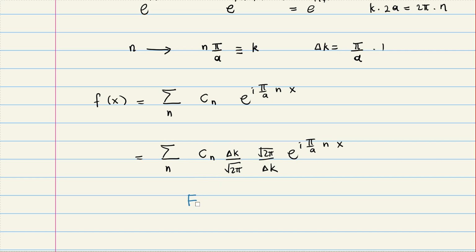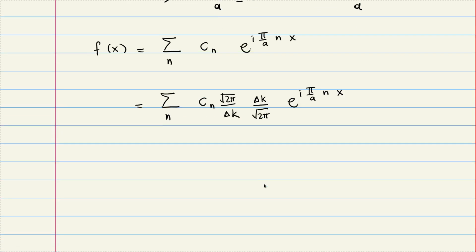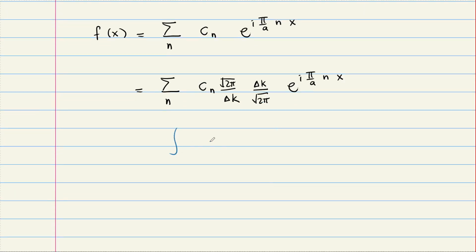So I multiplied and divided it with the same thing. Because if you remember, we defined Fourier transform like this, right? dx over root 2 pi, and dk over root 2 pi. At least this is what the book does.